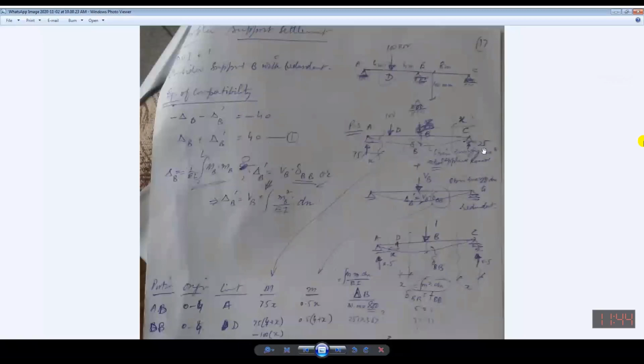Plus, if I break this structure into primary structure plus redundant force, I have applied this VB, the redundant force.